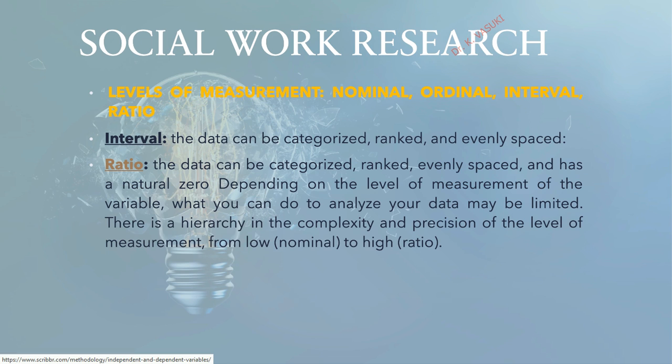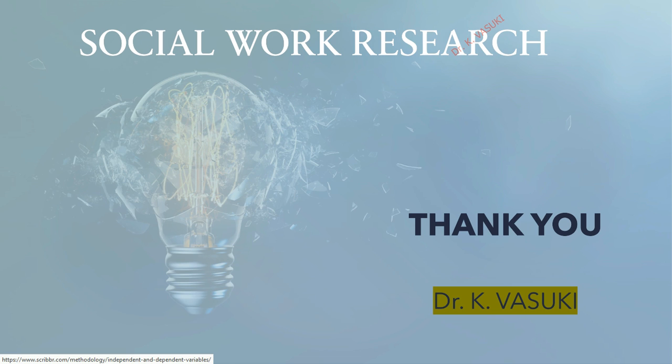The data can be categorized, ranked, evenly spaced, and has a natural 0. So the level of measurement or scale of measurement of the variable is classified into four types: nominal, ordinal, interval and ratio.